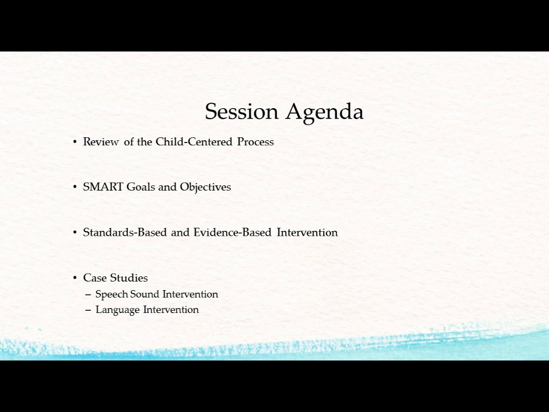Next, we will consider standards-based SLP services. Most states have adopted the Common Core state standards, so examples are provided relative to the Common Core. If you work in a state that has not adopted the Common Core, the same alignment can be made between Review 360 and your state standards. We will finish with case studies to apply this information.